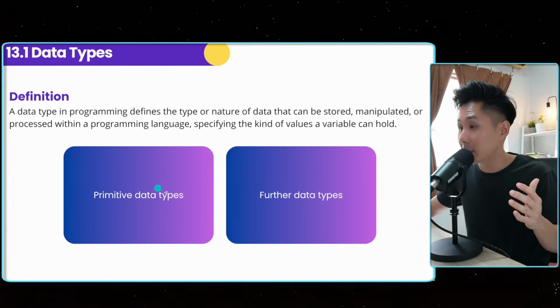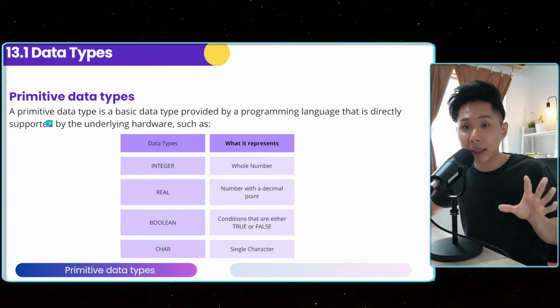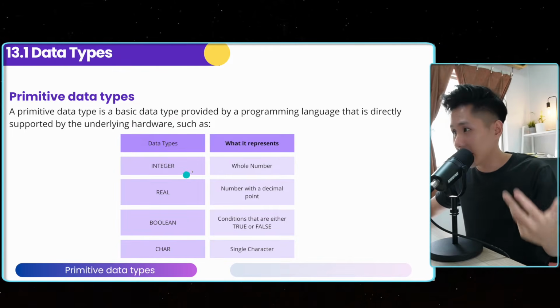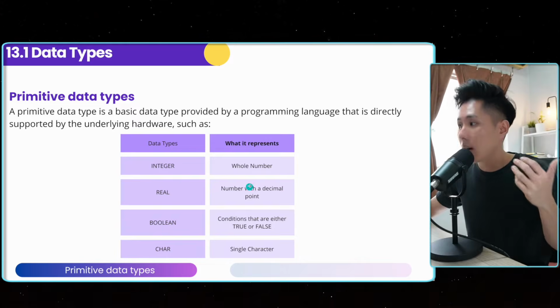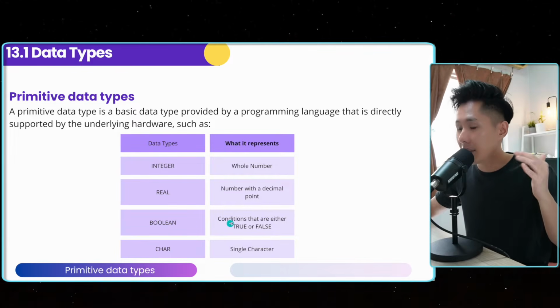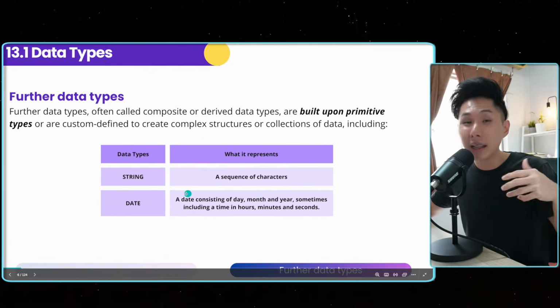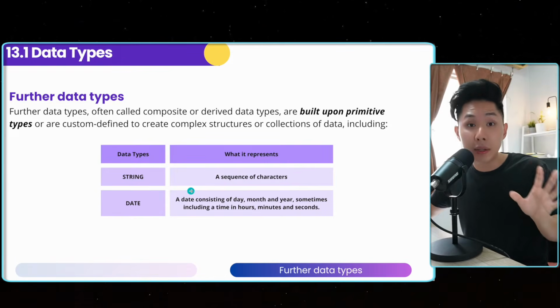And we have two different types of data, primitive and further data type. So primitive data type is what we call the basic data type. For example, integer, which represents whole number, real, decimal point, boolean, a value that's either true or false, character, a single character. Whereas further data type is a type of data that derives from primitive data type.